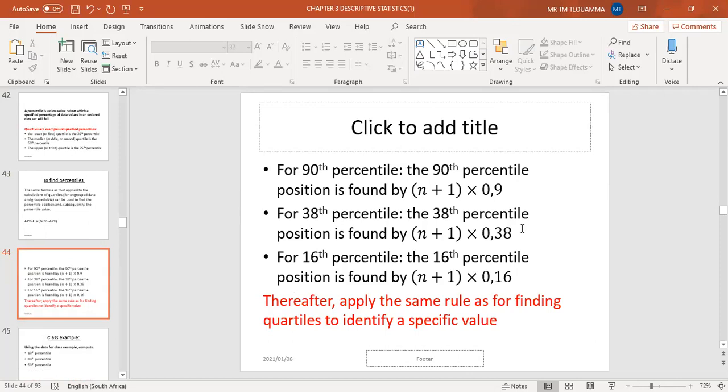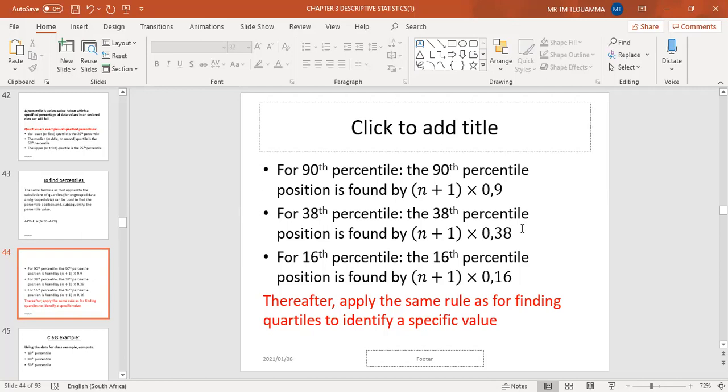But you will be guided by what you are asked to calculate. You must always listen to the statement and understand what they ask you to calculate. Let's say you must calculate the 90th percentile. It is found by n plus 1 multiplied by 90 divided by 100, which is 0.9.